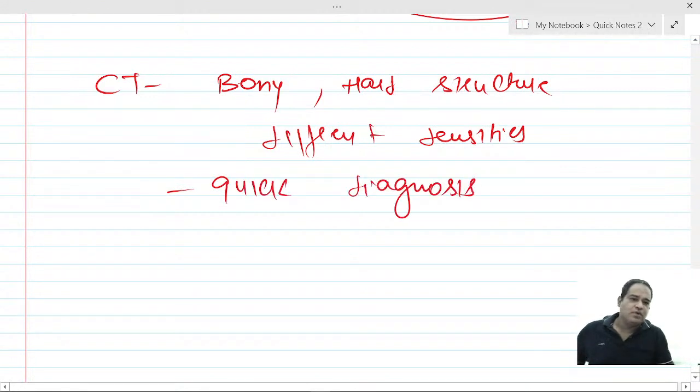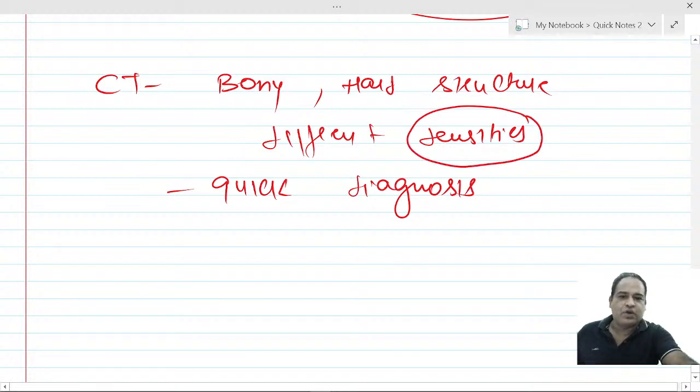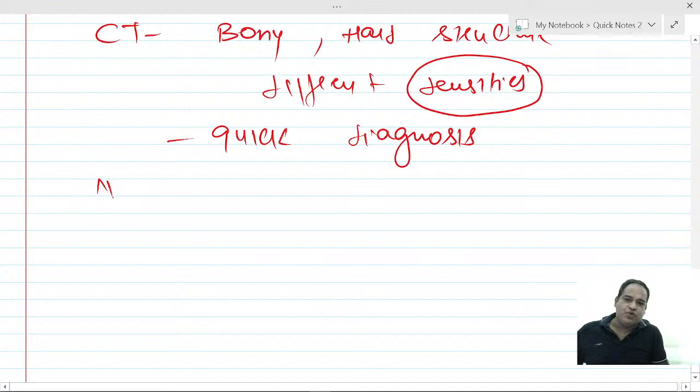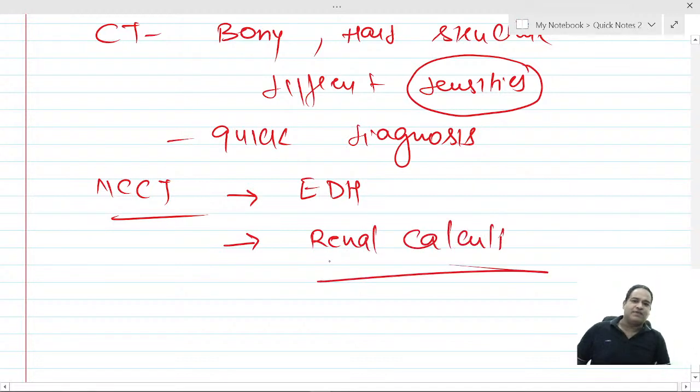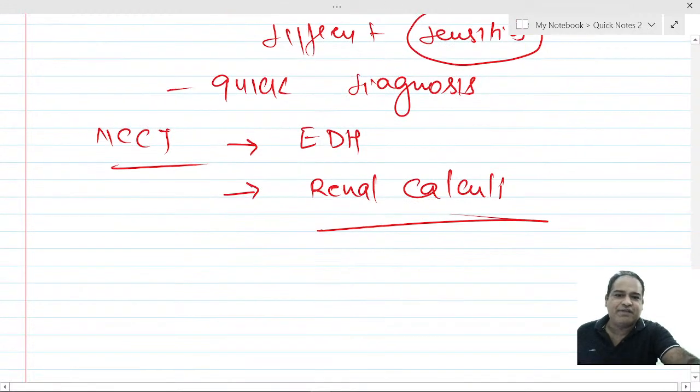See, the word is densities. Fine, for quick diagnosis. For example, you use non-contrast CT scan in extradural hematoma. You use non-contrast CT scan in renal calculi, because there are different densities involved.